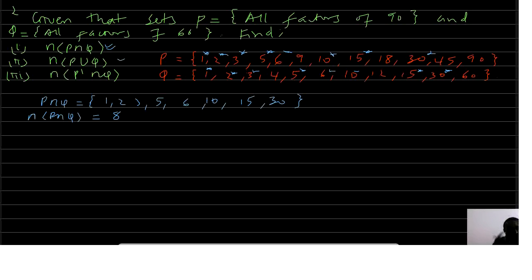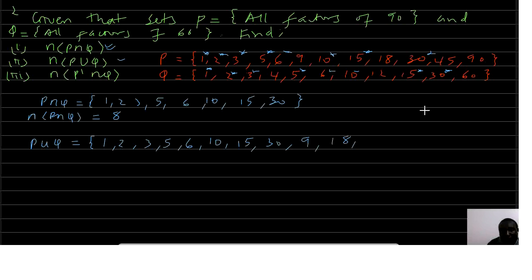Next, we need to find the union of P and Q. So for the set which is the union, I'm going to write the ones with the stars first, those which belong to the intersection. Remember, there is no element which has to be repeated. Then I go to set P and I look out for those without stars.